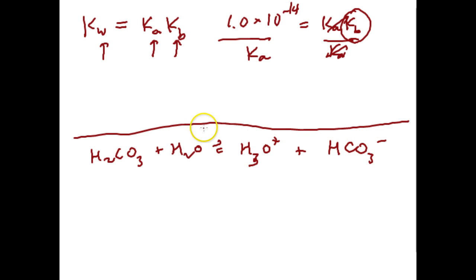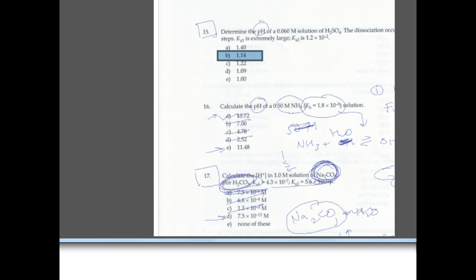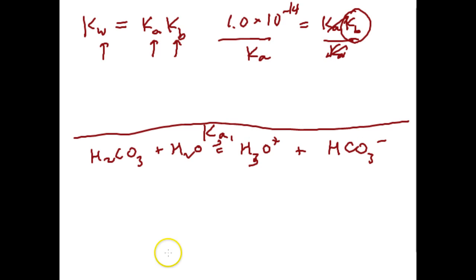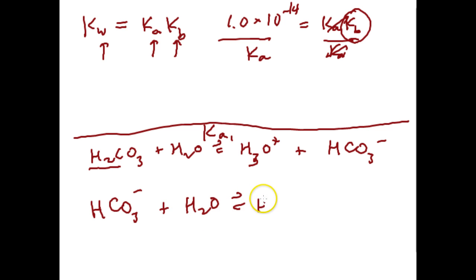And they've given us the Ka, they called it Ka1, 4.3 times 10 to the minus 7. And they've given us the Ka for the second proton. So after the first proton falls off here, there's only one proton left. It's on bicarbonate ion, and bicarbonate ion is also a weak acid. And its conjugate base is CO3 2 minus.